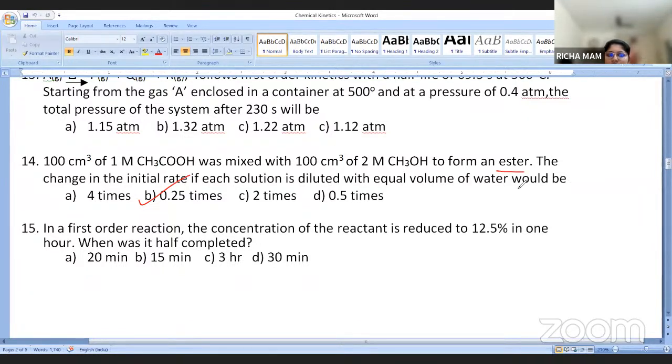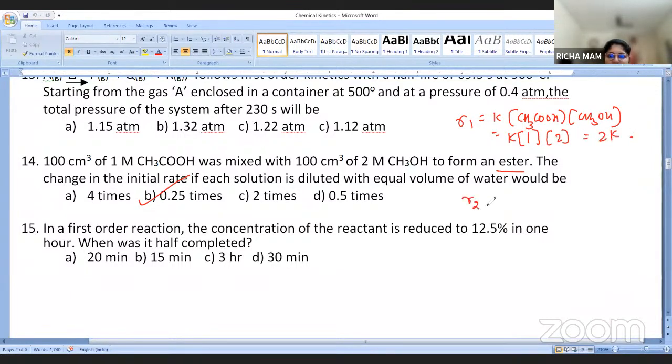So whatever the initial rate is there, we have found out the initial rate. R1 is equal to K of the concentration of acetic acid into the concentration of methanol. The concentration of acetic acid is 1 and that of your methanol is 2, so that is 2K.